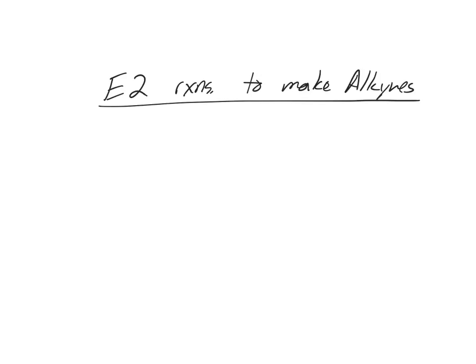So in these ones, E2 reactions to make alkynes, you're just going to do E2 reactions. It'd be just like undoing, essentially, when you added 2 bromines with Br2 to the alkyne, or added with HBr in excess. So let's see.